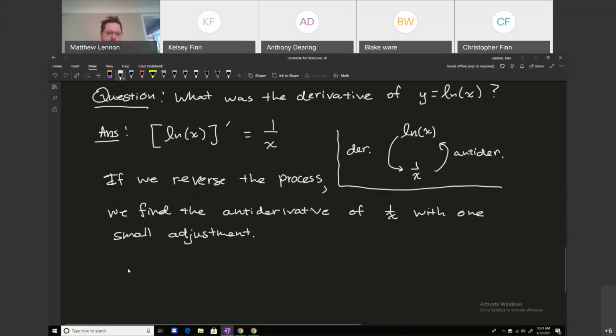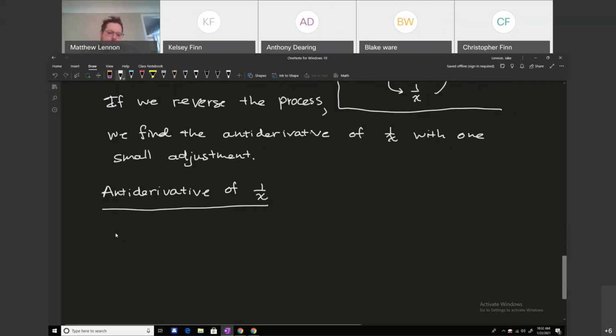So what happens here is, the antiderivative of 1 over x, so this is another rule. The antiderivative of 1 over x dx is the natural log of the absolute value of x plus a constant.